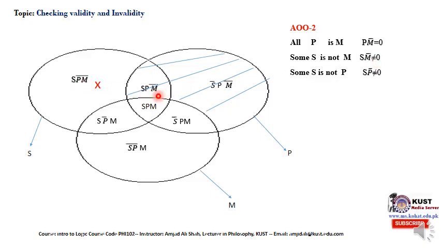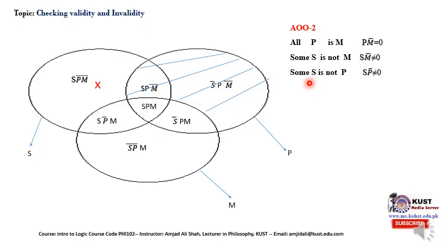Students, remember the area which is shaded will not be counted. Now we will not put x on the line because it is shaded, it has been made empty. Now we have only this SM bar clause left, so the only choice to put an x is inside this clause. So we have already put it.